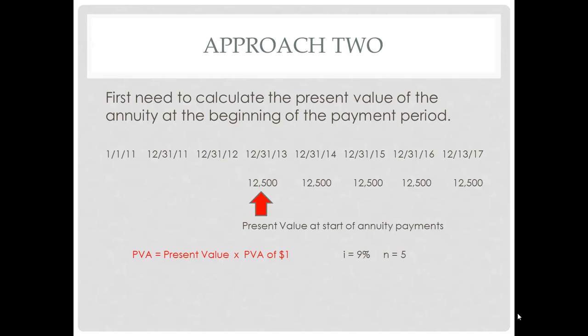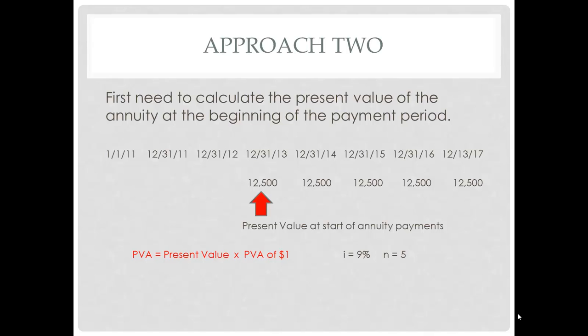Now, to look at approach number 2, we first need to calculate the present value of the annuity at the beginning of the payment period, which is December 31st, 2013. Present value of the annuity equals the payment times the present value annuity factor of $1, interest rate of 9%, and N equals 5.